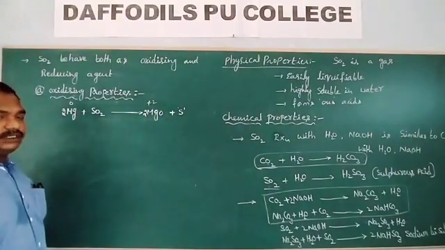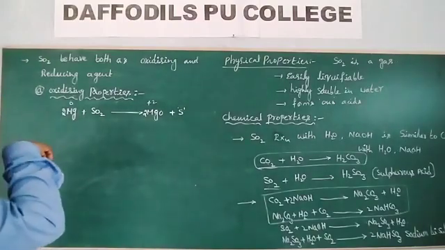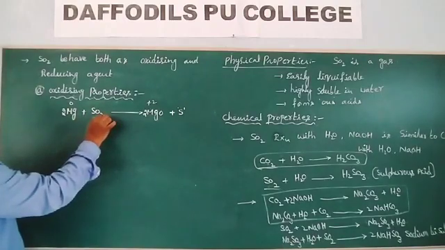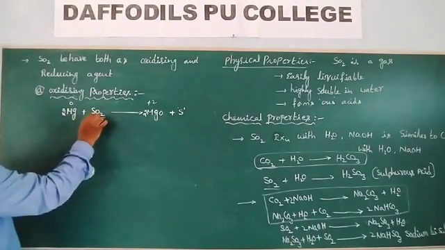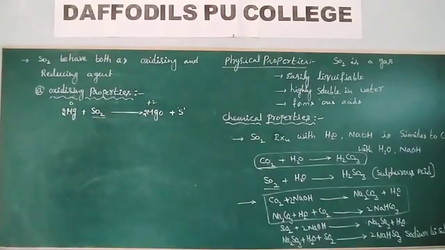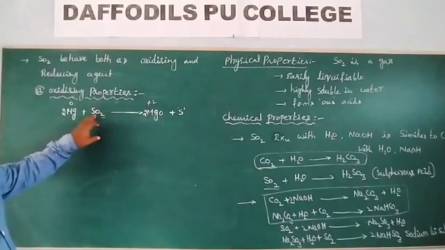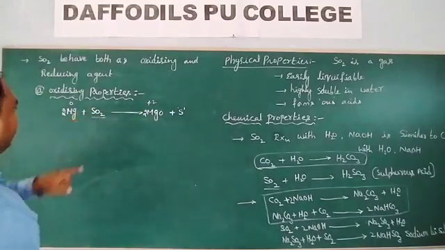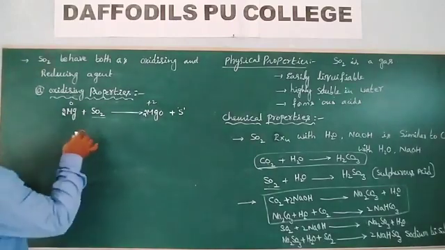An increase in oxidation state is known as oxidation. This oxidation is carried out in the presence of sulfur dioxide, so sulfur dioxide oxidizes magnesium to magnesium oxide. Sulfur dioxide is an oxidizing agent.